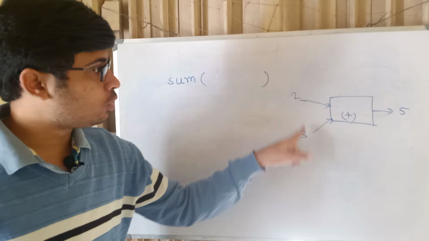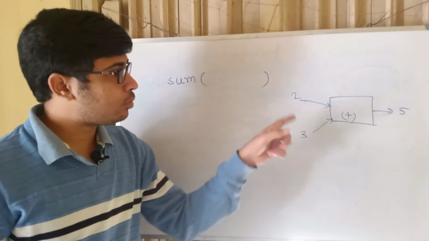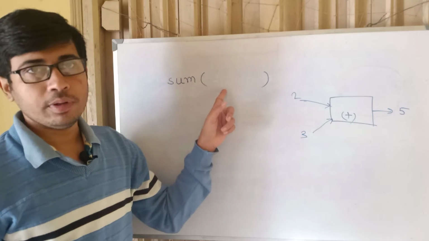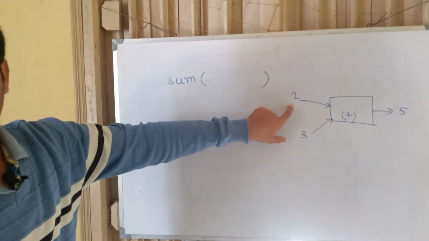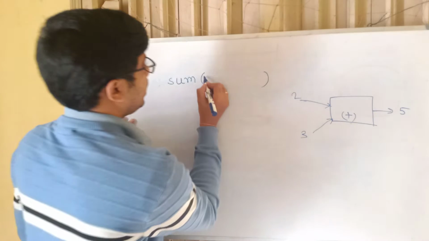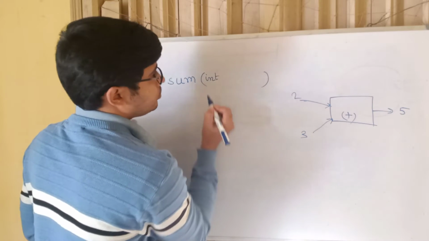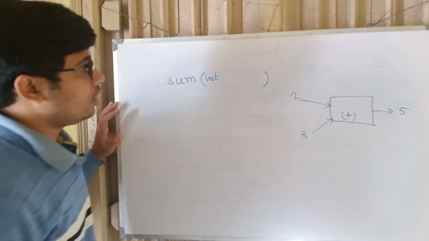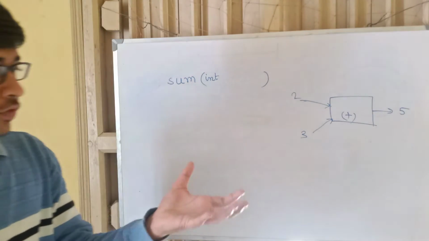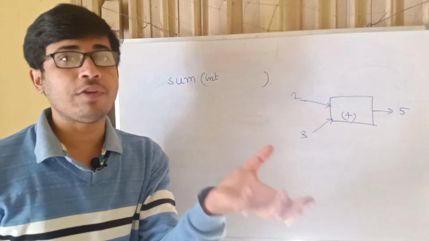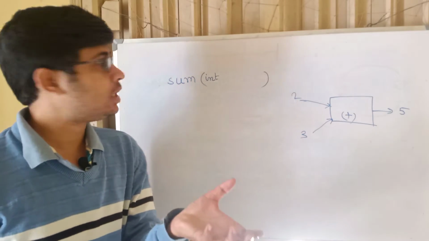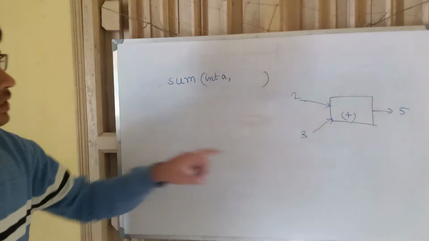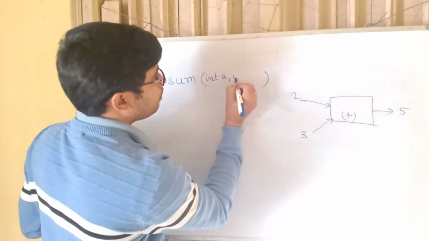Here we are giving two integers, 2 is an integer, int. We have to catch the values into some variable, some container, like 2 value will be caught in A. Similarly 3 value will be caught in B.